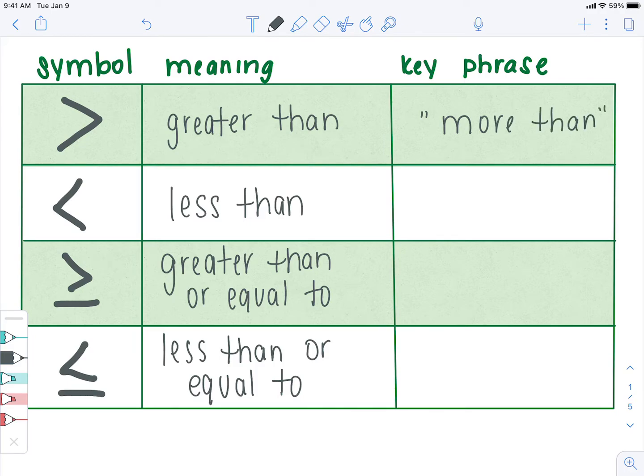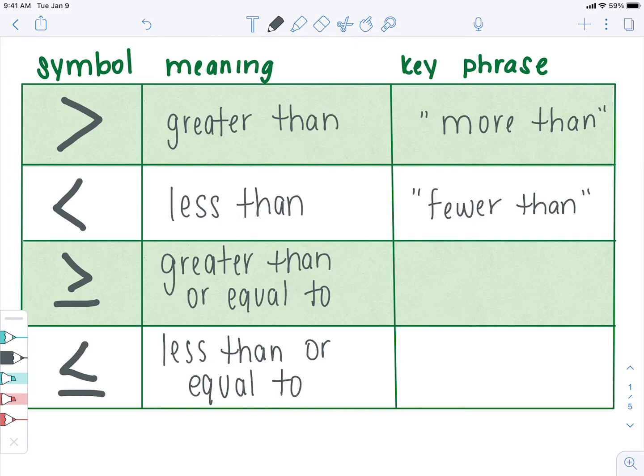Sometimes, if I'm being casual, I could say x is more than 5. It means the same thing as x is greater than 5. Instead of less than, I could say fewer than. It means the same thing. It's just a synonym. Synonym, not cinnamon. Synonym for less than.